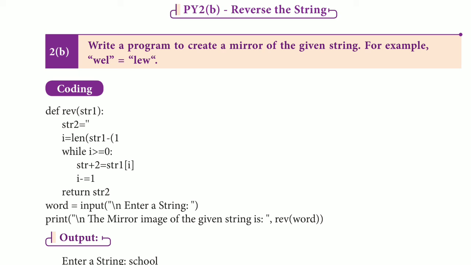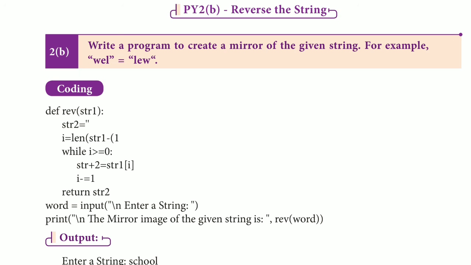So the last letter will be assigned to str2 first, then it will keep on decrementing. After finishing the loop, the number of letters in the word will have been counted, and the loop will be executed up to that.